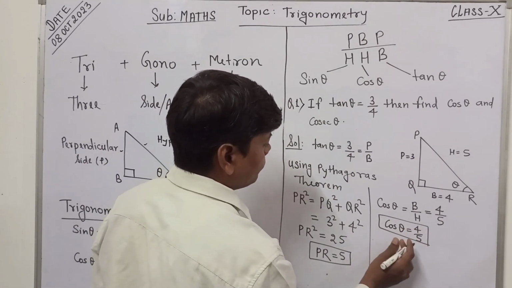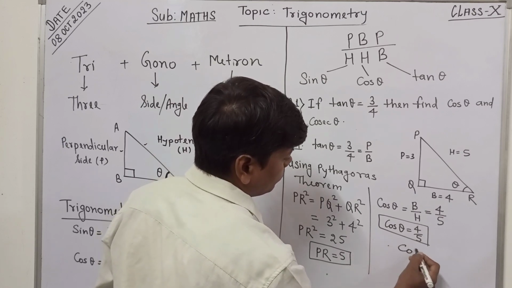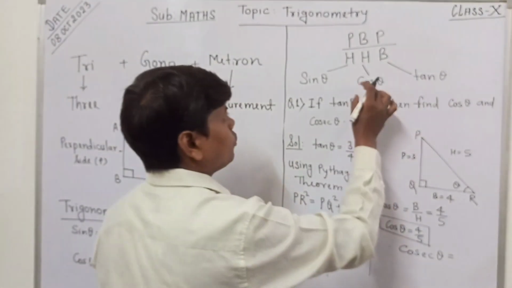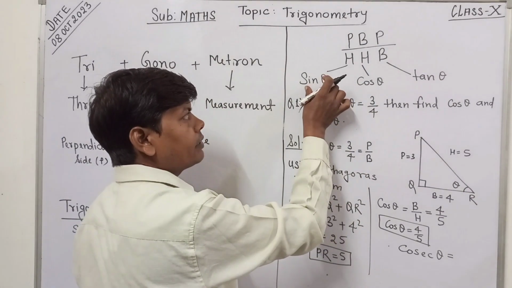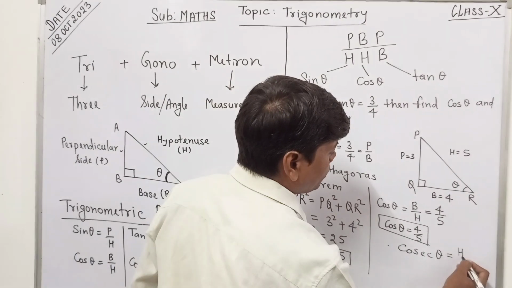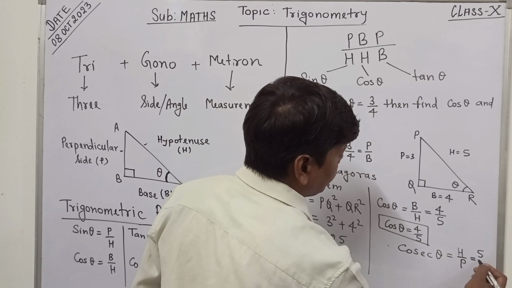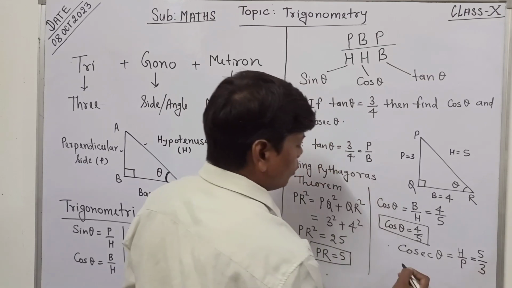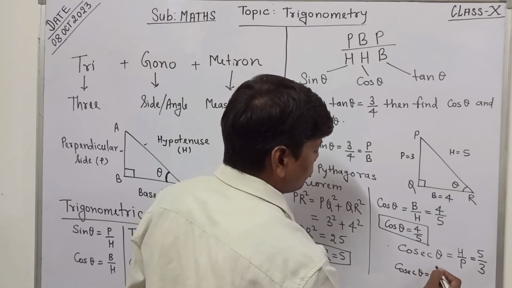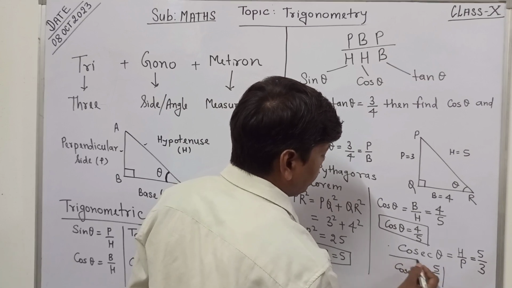And next one, cosec theta. Cosec theta is the reciprocal of sin theta. Sin theta is P upon H, so cosec theta will be H upon P. H is 5 and the perpendicular side P is 3. So cosec theta will be 5 upon 3. This is the answer.